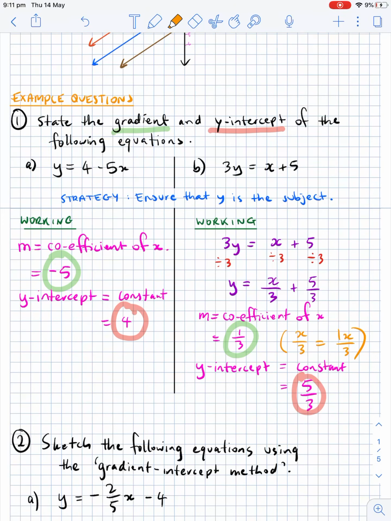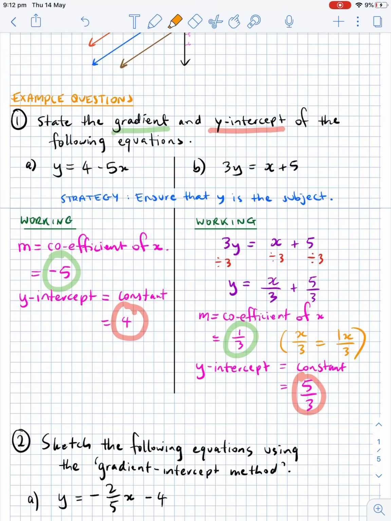You need to look at the coefficient of x for your gradient. So look at your equation. What's the coefficient of x? The coefficient of x here is the minus 5, so that is your gradient. And for the y-intercept, you look for the constant, the number by itself. That is just going to be our positive 4 here. So we figured out our gradient and our y-intercept.